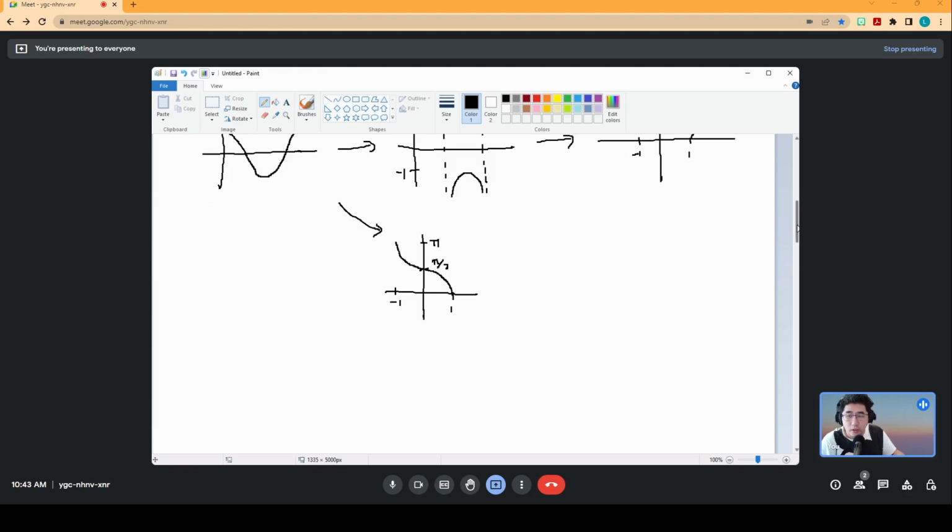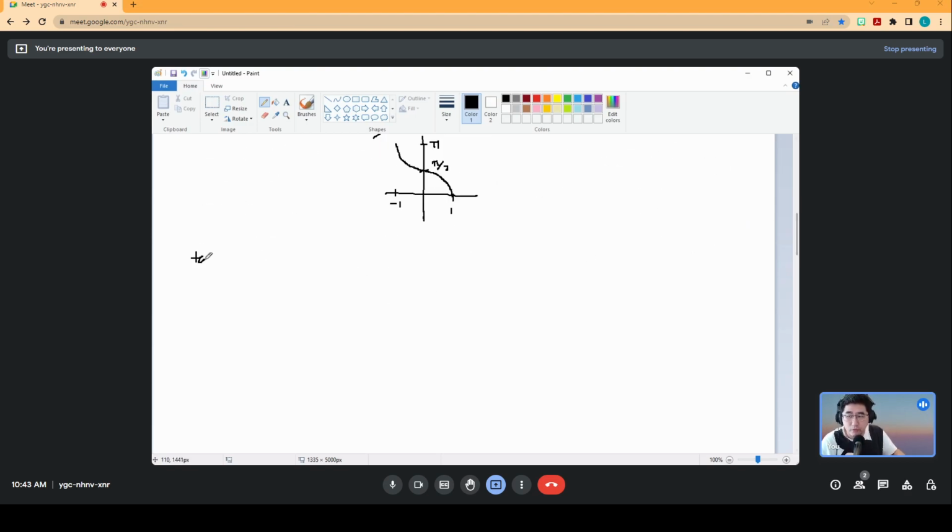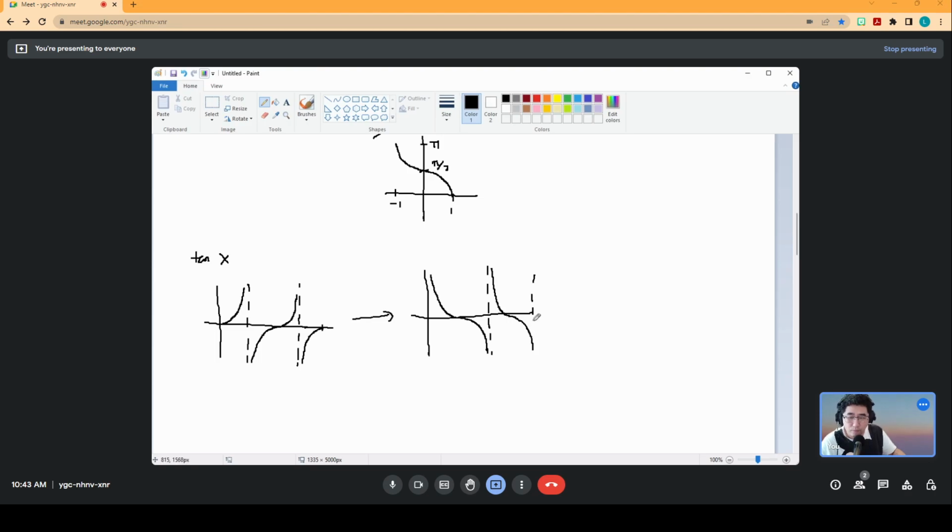Then we have the tangent graph. We all know how the shape of the tangent graph looks. Then you can go to the cotangent graph.